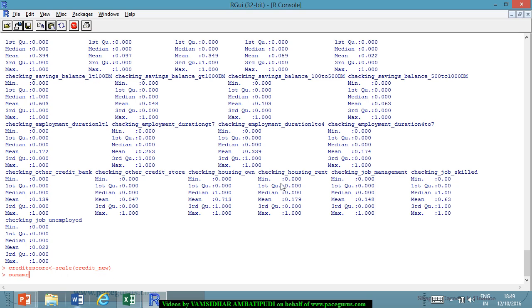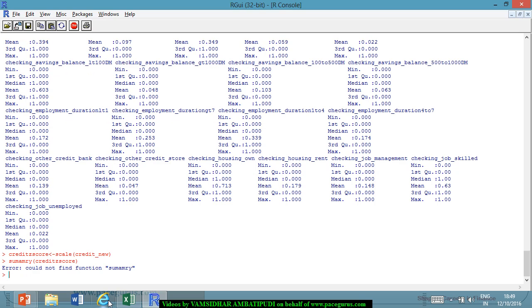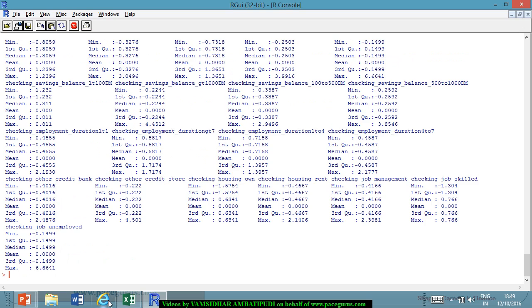Now if you look at the summary of the credit Z score variable, which we will be using later, the credit min-max is doing a min-max normalization of each and every variable, while credit Z score is performing a Z score based normalization for each and every variable.